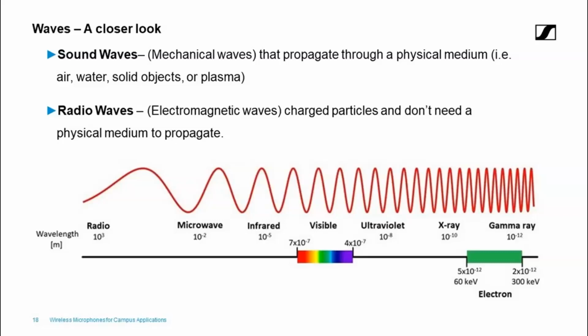But the important part about this is how can these different wavelengths help us or hinder us depending on how we want to apply them to our application. And certain frequencies are better for certain applications than others because of the wave propagation of them. So let's take a look at some of these differences here.